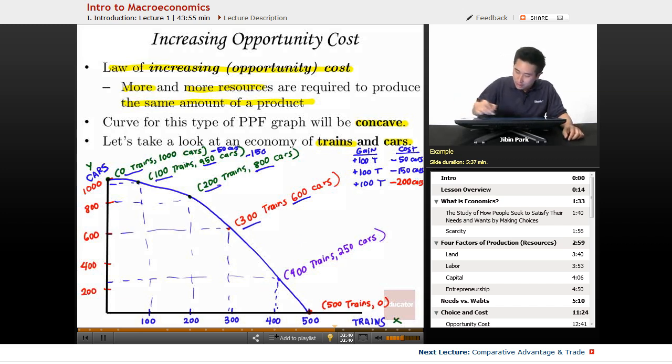And to build 100 more trains from 300 to 400, now you have 250, so the opportunity cost is even steeper, 350 cars. Okay. Now to build, actually, given the numbers that I gave, it went from 100 trains here, and notice it went from 250 to 0, so negative 250.